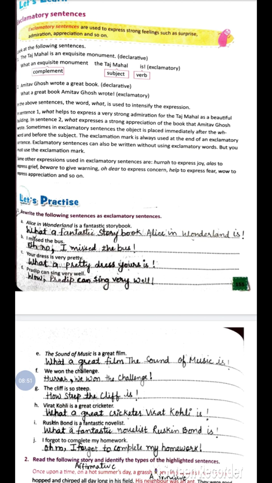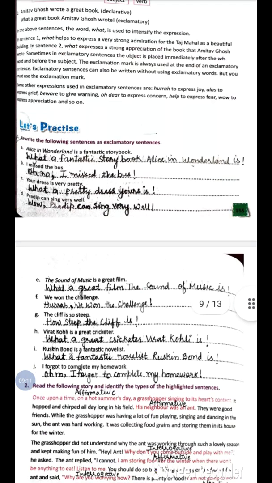What an exquisite monument the Taj Mahal is. Okay. Alice in Wonderland is a fantastic storybook. What a fantastic storybook Alice in Wonderland is. Pradeep can sing very well. Wow, Pradeep can sing very well. The cliff is so steep. How steep the cliff is.